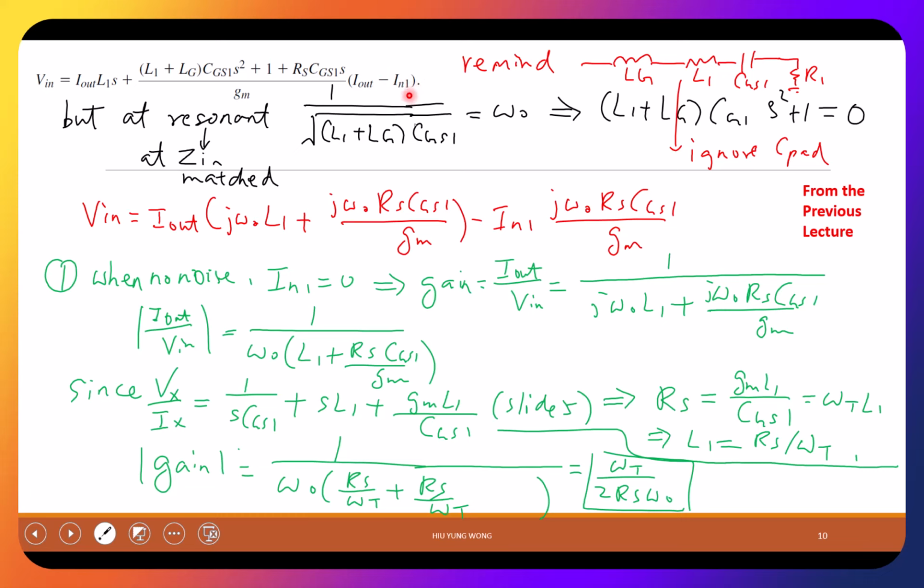We are a little bit nervous that, oh, what is the direction of this noise? In this equation, it might matter, but our goal is not to have an exact form. Our goal is that we want to relate Vin to Iin and Iout later, and then we're going to take the square because we only care about the power, right? So don't worry, if you put plus, you will get the same results, right?